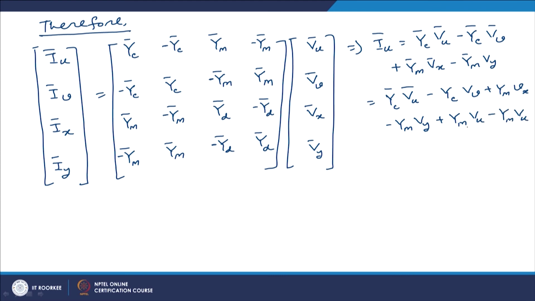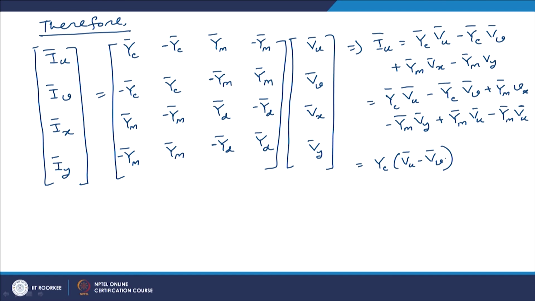We have simply added and subtracted YM VU in these expressions. From here, I take YC times VU minus VV from these two terms.